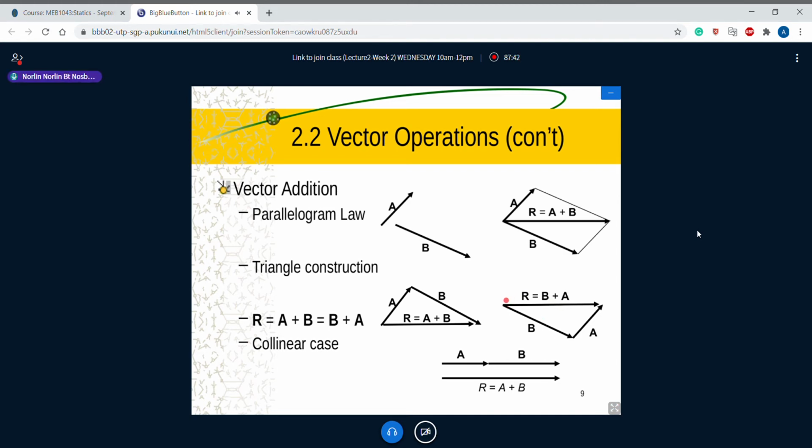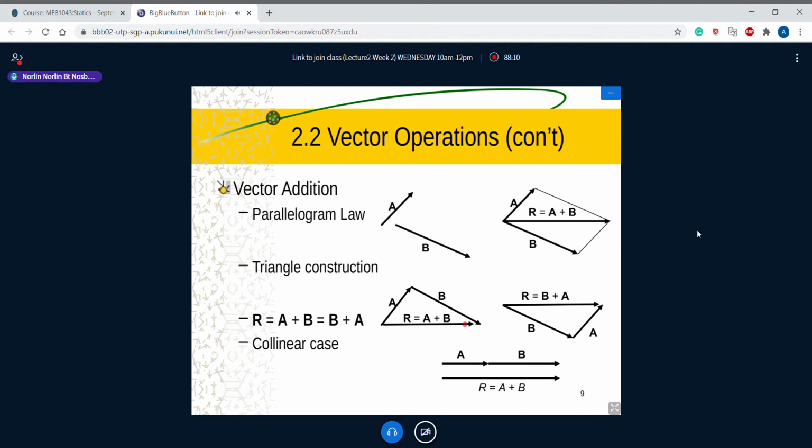Either you move the vector A to this point, which is at the end of B, it also equals B plus A. Because you start with B, then you end with A, so B plus A is like this shape. If you start with A and then A plus B, it will end at point B.